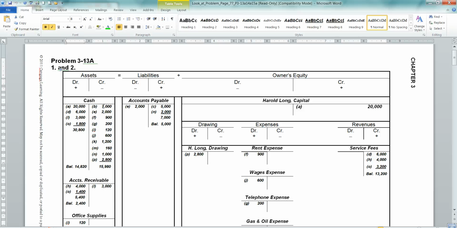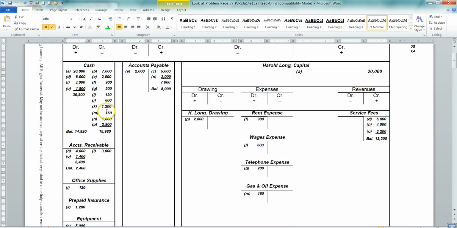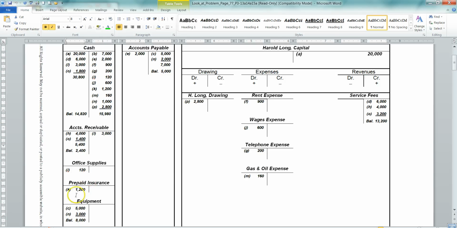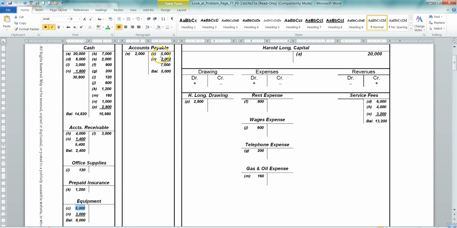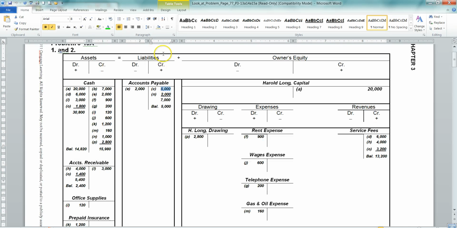Next, we're going to purchase equipment, but we're going to purchase equipment on account. So, office equipment, $5,000, and we're not going to pay for it yet. So we're going to put it as an accounts payable. We're going to increase the liability by $5,000.